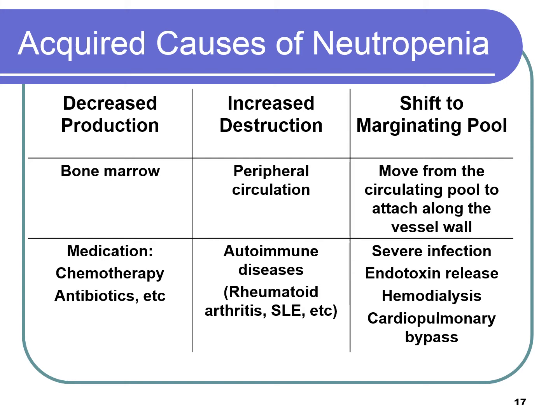If we have decreased production, the factory, the bone marrow itself, has certain obstacles to help the neutrophil proliferate and mature, especially in chemotherapy or with certain treatments like antibiotics that have certain effects on the bone marrow.